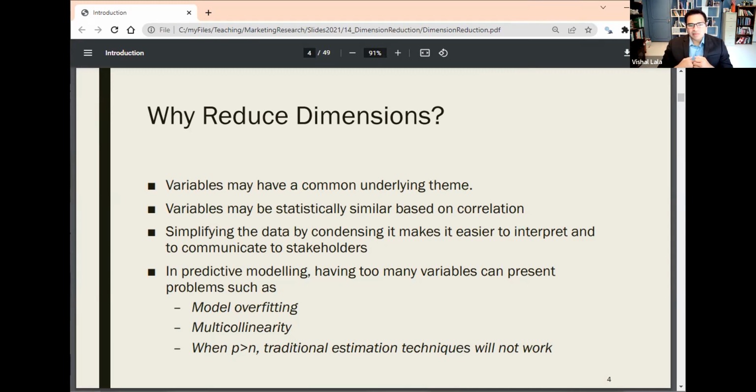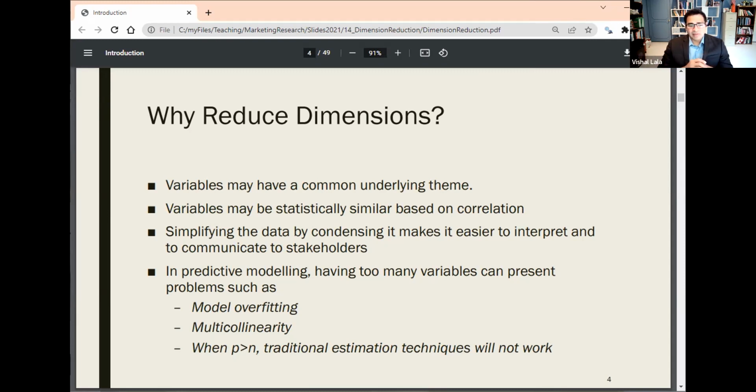Furthermore, if you're engaging in predictive modeling, having too many variables is also termed the curse of dimensionality. You've got way more features than you can reasonably handle. And this may cause associated problems in predictive modeling like model overfitting, which is where your model works really well on the trained sample, but doesn't generalize to other samples.